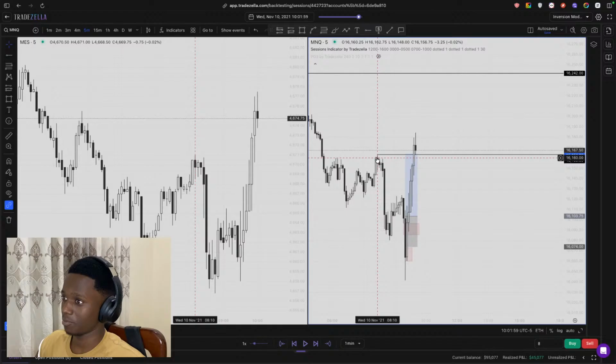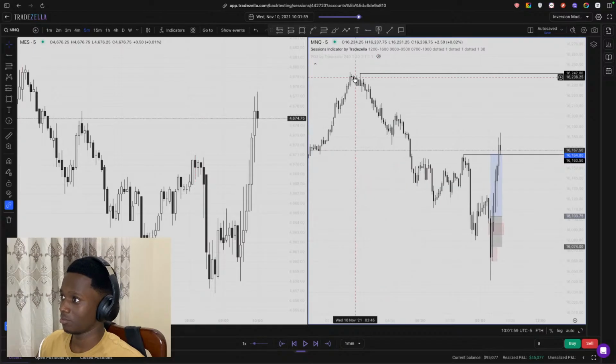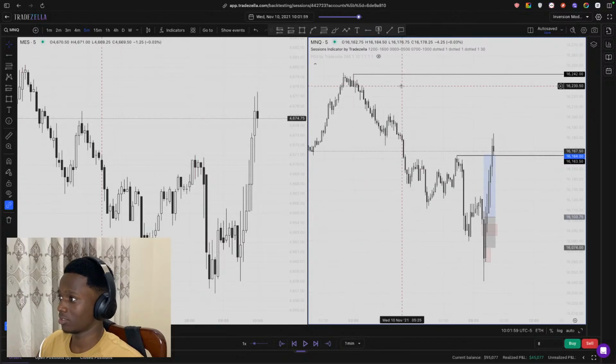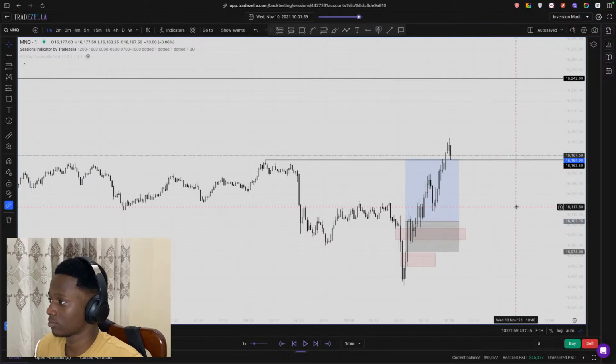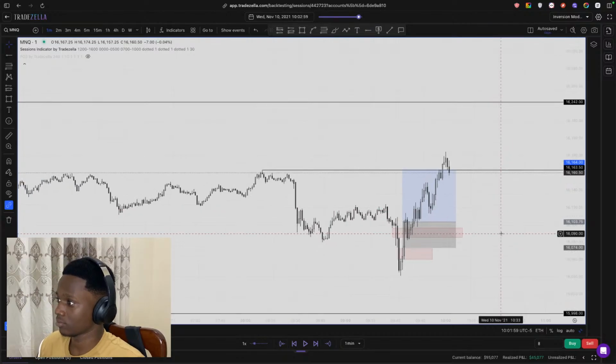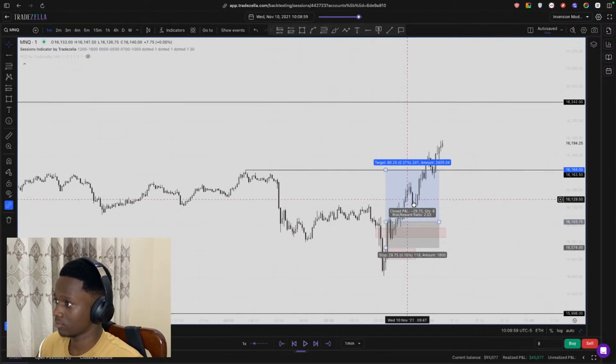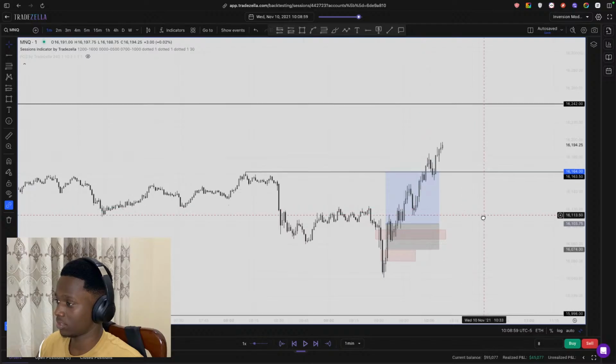Now the price has hit this high. It might also head to the London highs. This was 60 points.